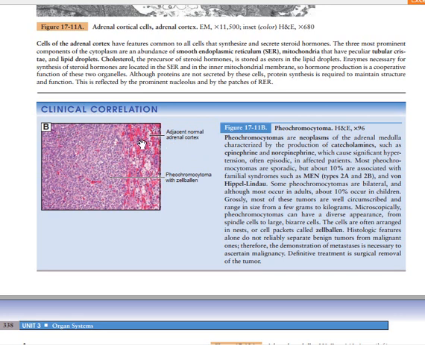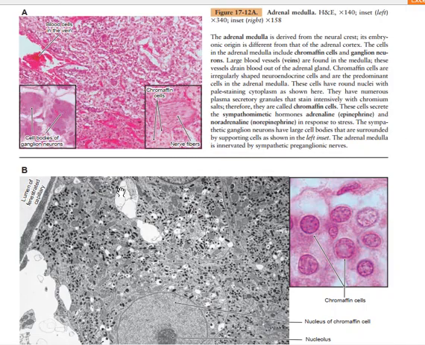You're going to visualize adjacent normal adrenal cortex, but you have a pheochromocytoma with Zellballen. Is it clear? These are the cells which are often arranged in nests and cell packets. So when the cells are arranged in cell packets, it's called Zellballen.